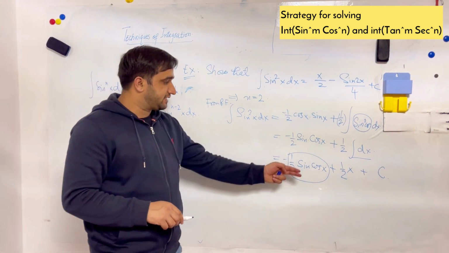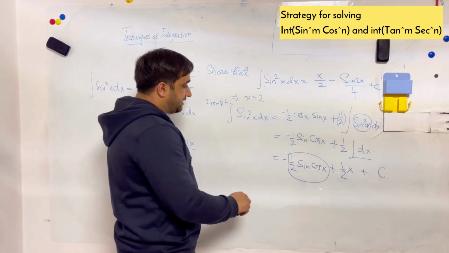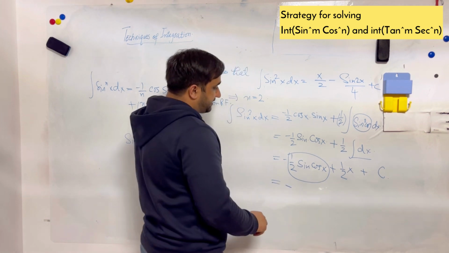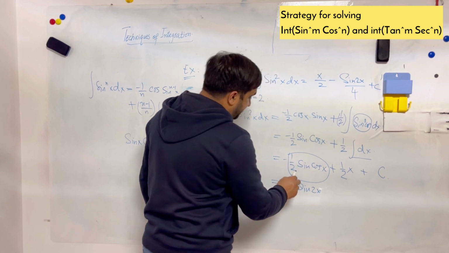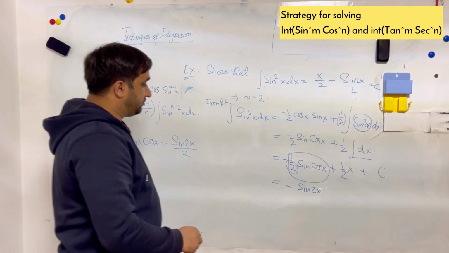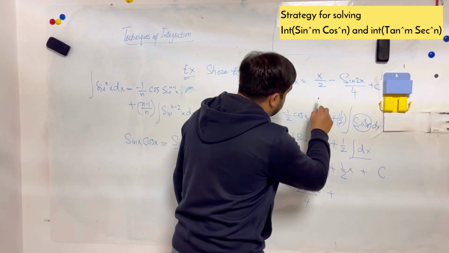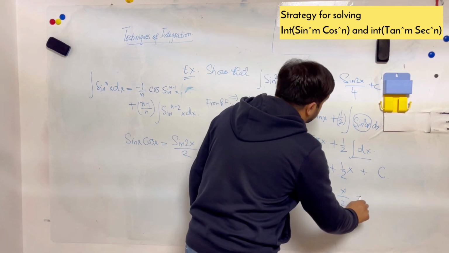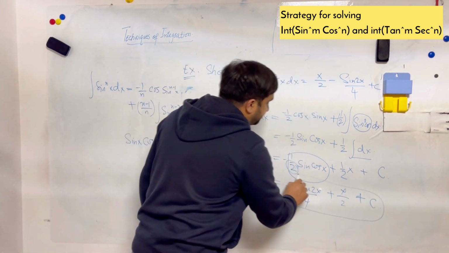So when you put this into this expression, sine x cos x equal to sine 2x by 2, it becomes minus sine 2x divided by, this 2 into this 2, it becomes 4, plus x by 2 plus c, which is the right hand side.